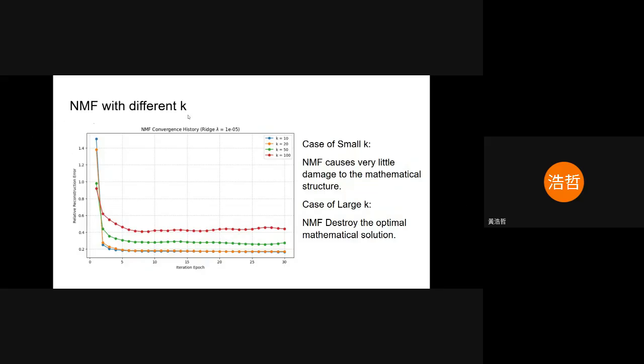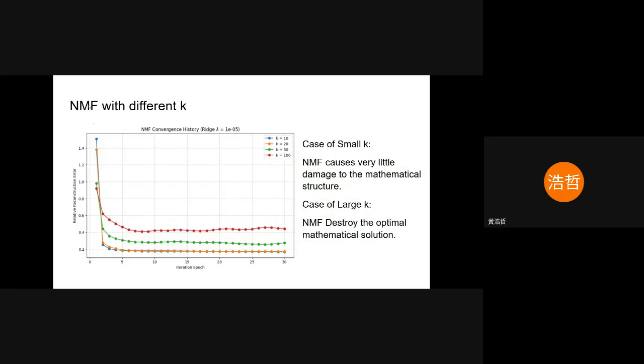And we try different K. It's different from the result of task 2 because the Cholesky result is pretty much non-negative when K is small, but when K is large, there will be a lot of negative values.